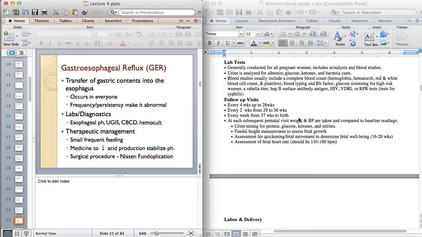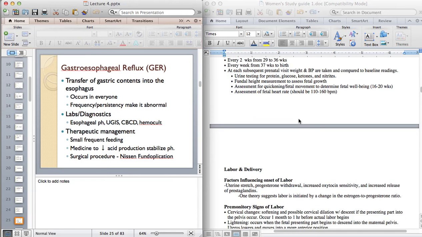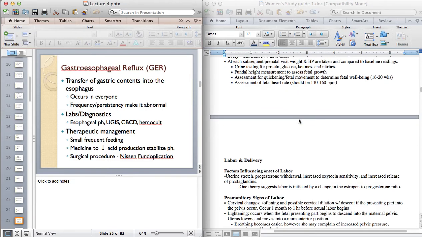Okay? And if that does not work, then they will do a surgical procedure, kind of tightening the sphincter, and that is called the fundoplication.